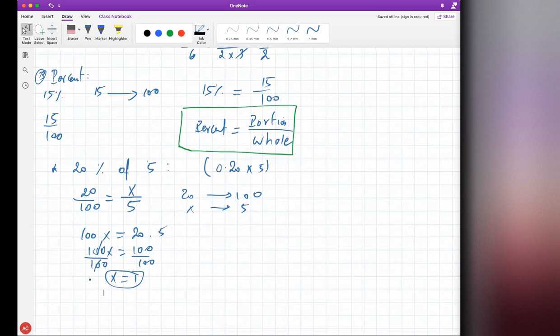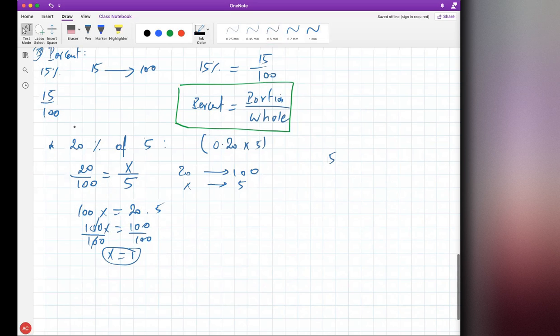So 1 out of 5, in other words, this is 1/5. Remember, 20% means 1/5. Of course, 50% means half. 1/4 is a quarter, or 25%, and so on. Some percentages are simple, but others are not. So again, 20% means 1/5, 1 out of 5.